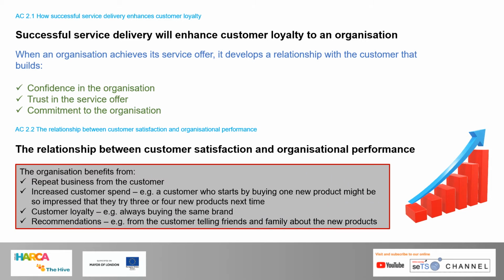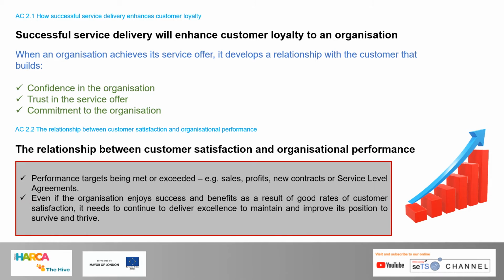The organisation benefits from repeat business from the customer, increased customer spend. For example, a customer who starts by buying one new product might be so impressed that they try 3 or 4 new products next time. Customer loyalty, for example, always buying the same brand. Recommendations from the customer telling friends and family about new products.